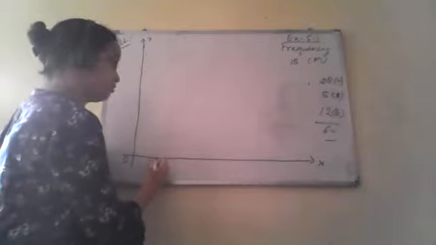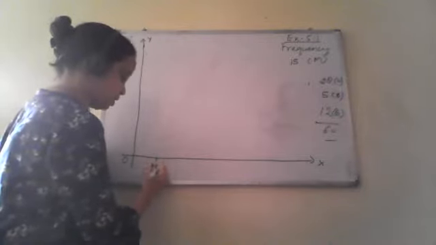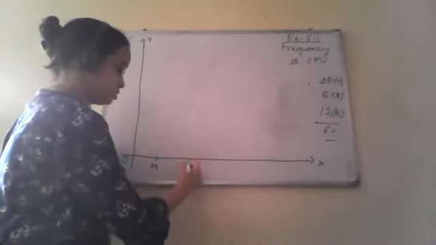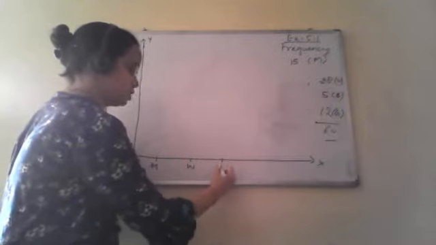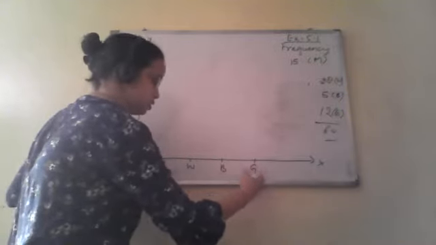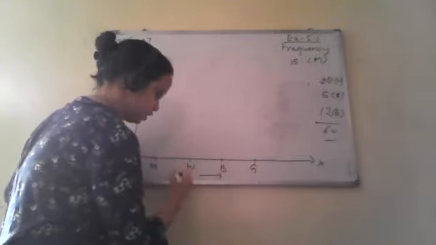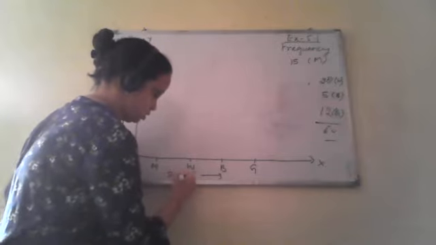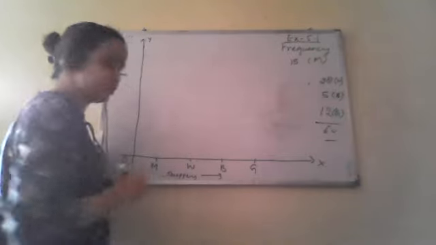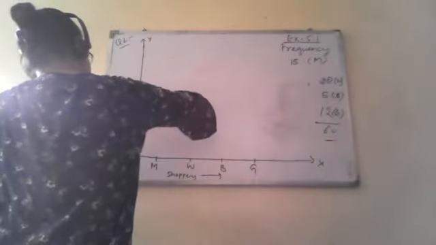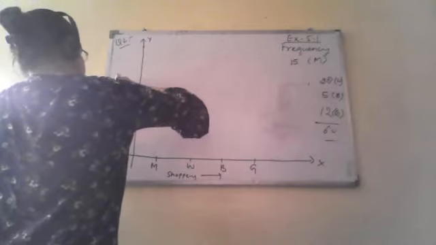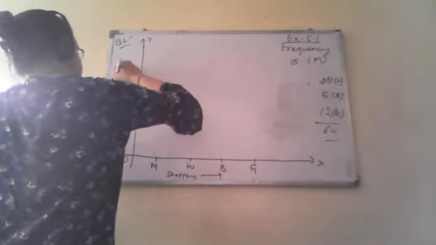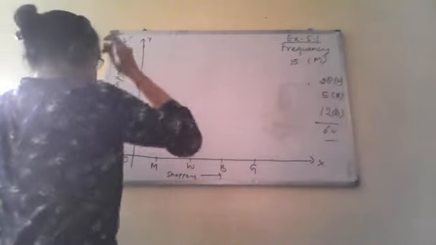Here we have men, which I am representing by M. This is women, these are boys and this is girls. So on the x-axis we have taken all categories of shoppers who have visited the departmental store in the first hour. On the y-axis we are taking the number of shoppers.